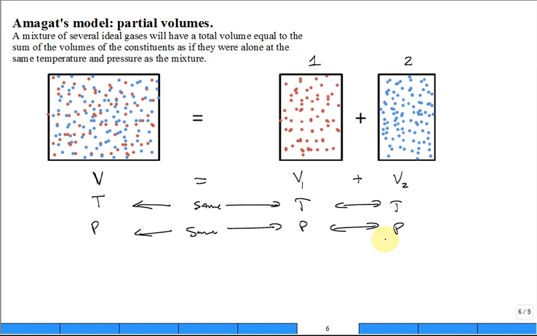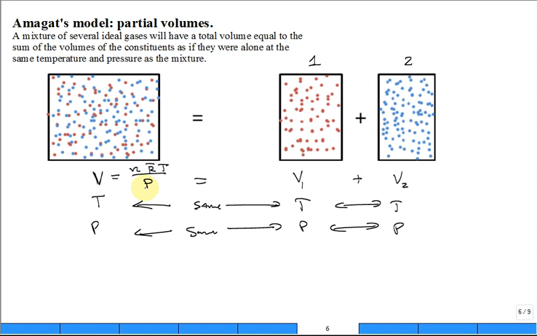So what you're doing conceptually is partitioning off and saying all of this component is isolated to this volume, but it has the same net or total temperature and pressure. Go ahead and write down the equation for V. It's going to behave as an ideal gas. So it's going to be the total number of moles, R bar T divided by P. True?